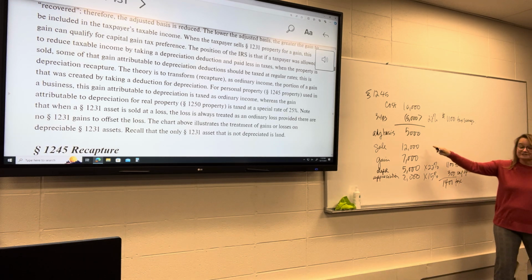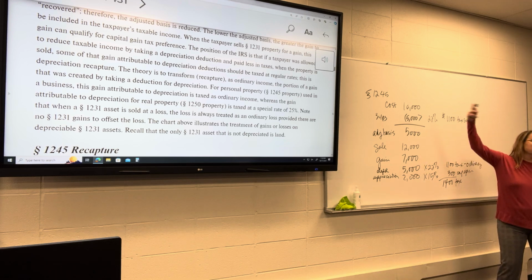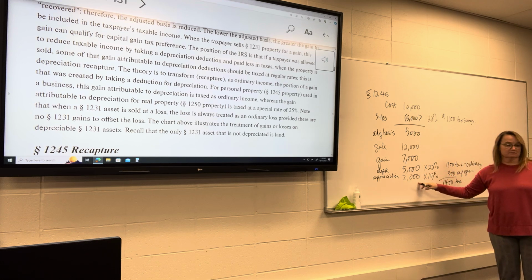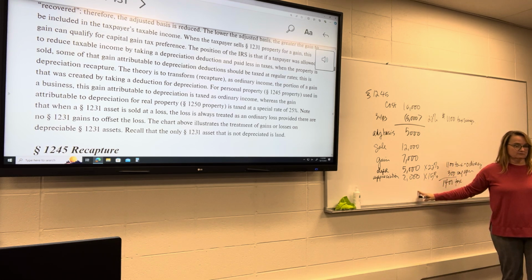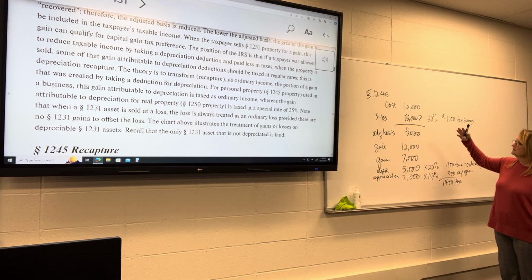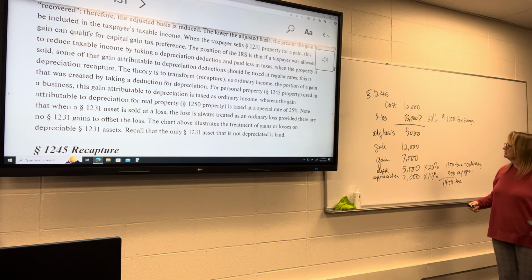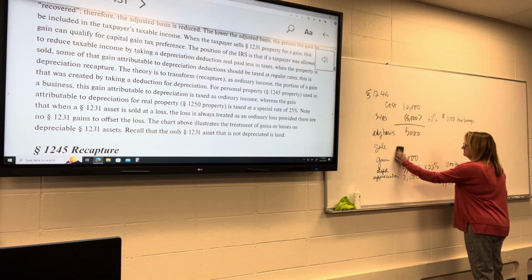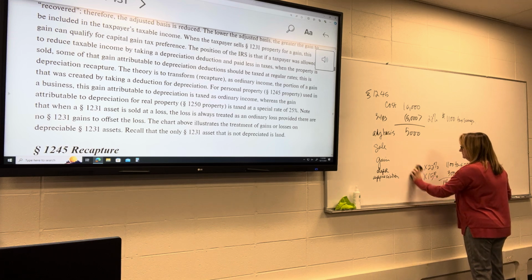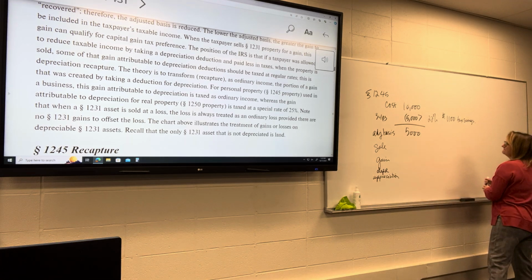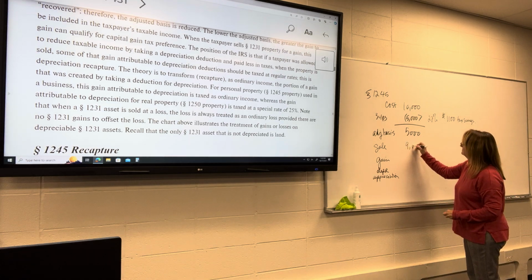If you sold it for $10,000, all of the gain would be attributable to depreciation, so you wouldn't have this capital gain portion of it. Let's say you sold it for $9,000.